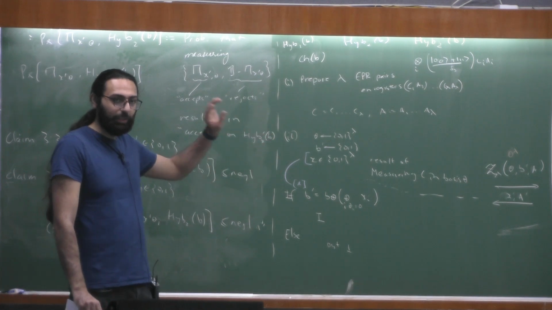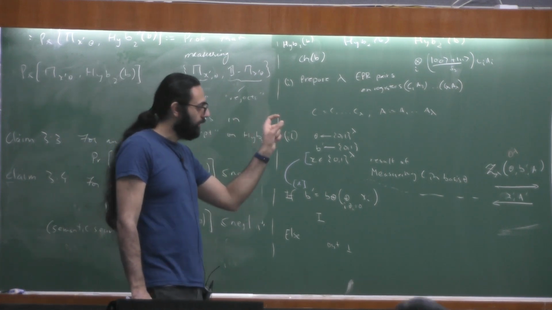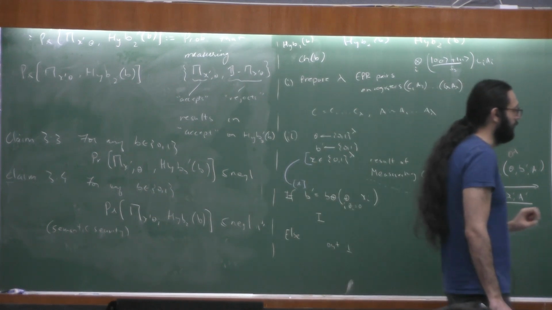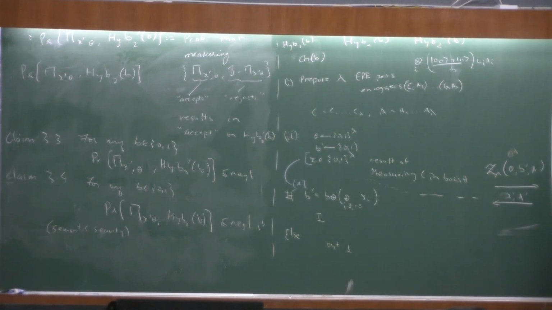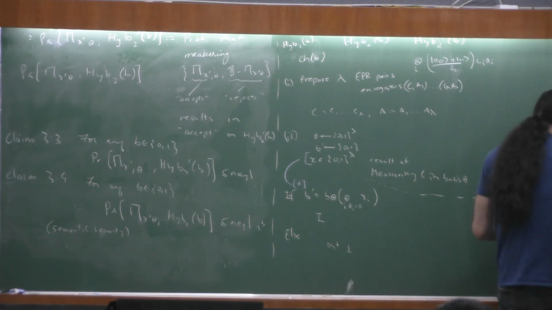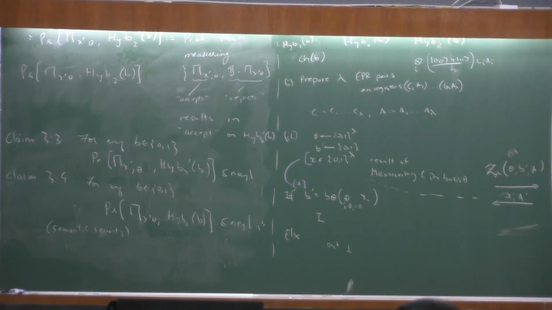But then you need the gentle measurement lemma to say that if the disturbance is small, then the states are also close and so on. So one can prove that the trace distance is small. Okay, so that was one step.